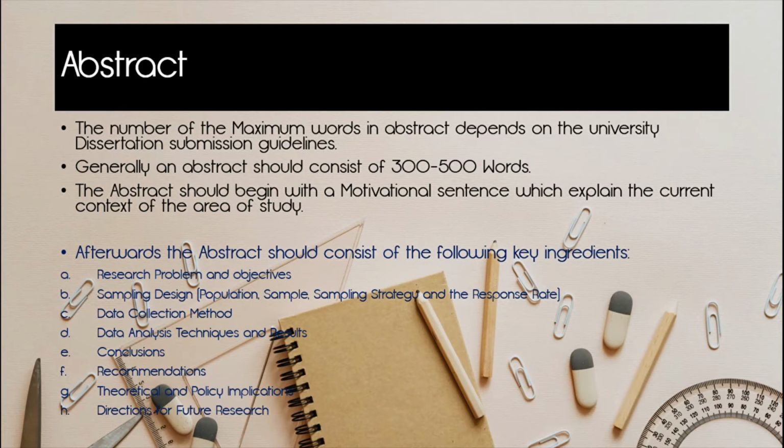Afterwards, the abstract should consist of the following key ingredients: research problem and objectives, sampling design, population, sampling strategy, and the response rate, data collection method, data analysis techniques and results, conclusions, recommendations, theoretical and policy implications, directions for future research.